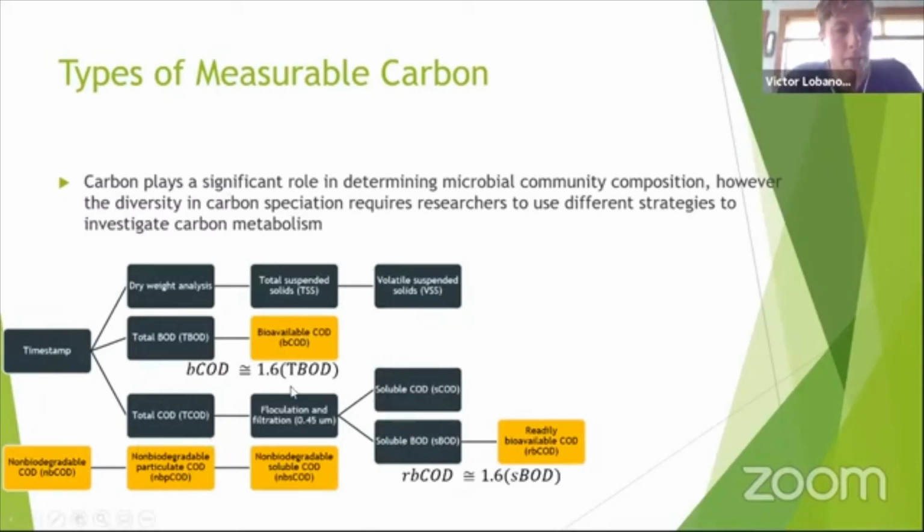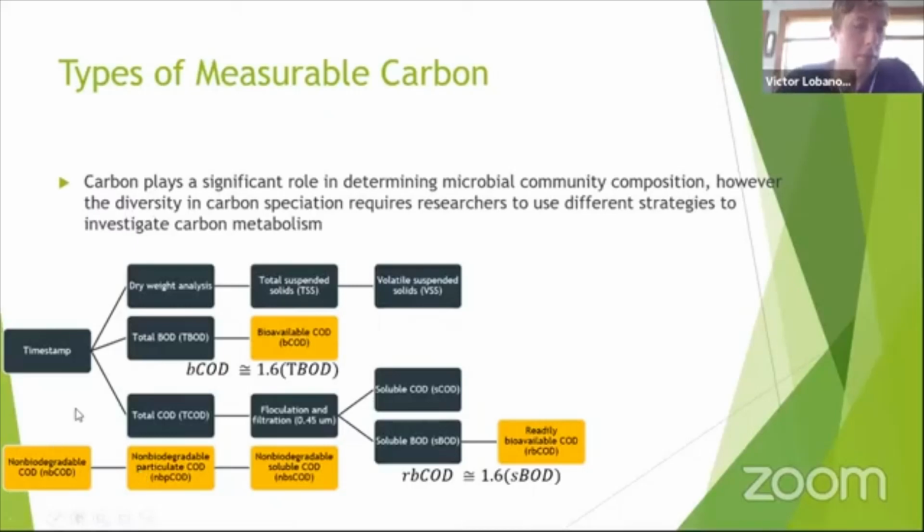And so we can measure those two things, or we can just collect on a filter all the carbon that is in the water sample and put it in an oven. Depending on the temperature, if we're drying it out, or if we're baking it at 450 degrees Celsius, we can also have an idea of the ash content or the total amount of solids, and that can be related to the amount of microbial proliferation, so the rate that the microbial community in that sample is growing.